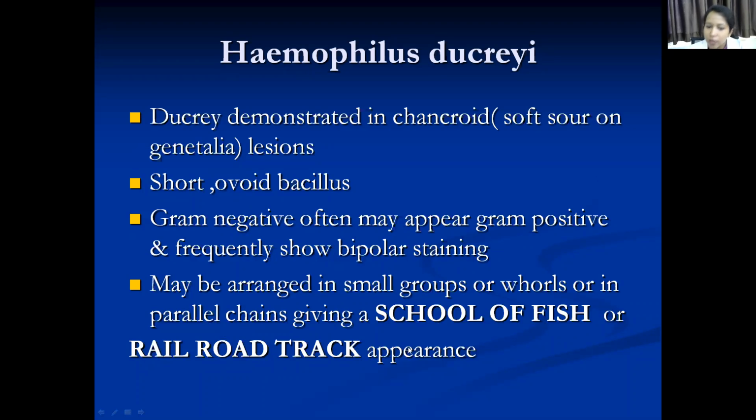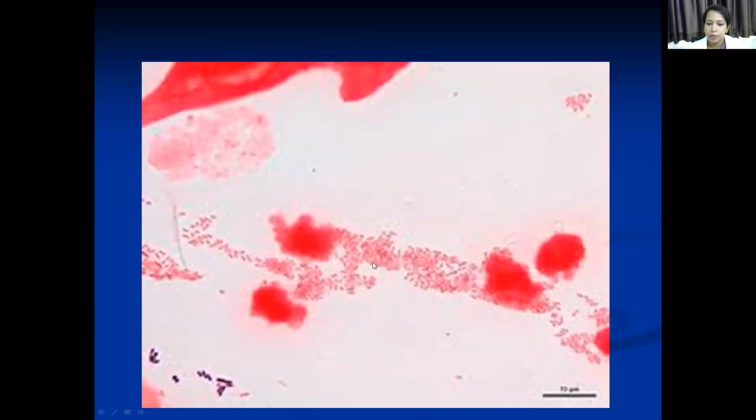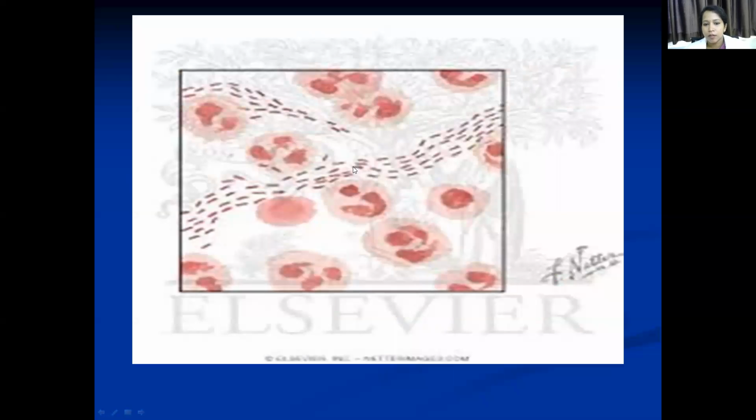This school of fish appearance or railroad track appearance is seen in Haemophilus ducreyi, and it causes chancroid in the genitalia. See, this is the school of fish-like appearance, like a group present together. Here it is seen like a rail track appearance.